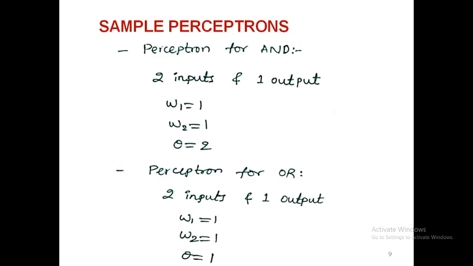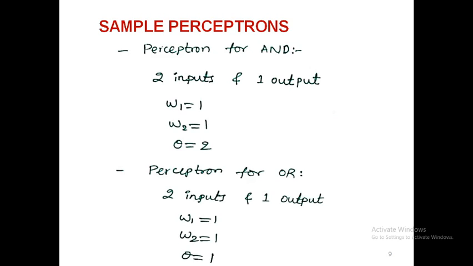There, the perceptron for AND is an example. So what is the AND gate? The AND gate has 2 inputs and 1 output. If you provide the weights as W1 equal to 1 and W2 equal to 1, now you can adjust the weights and get the corresponding output.